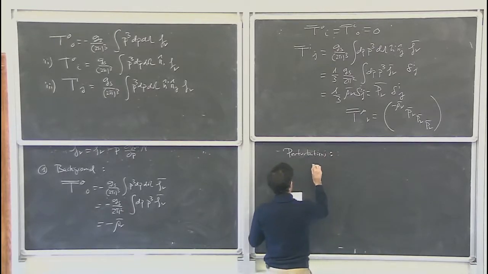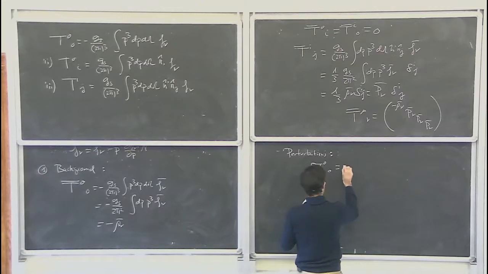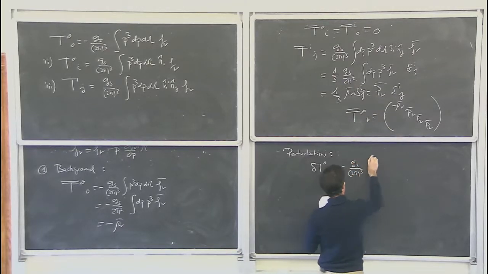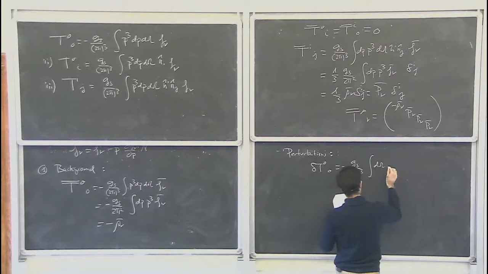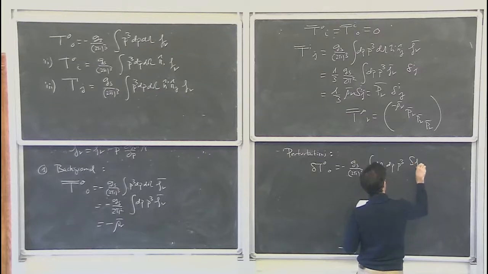So we have the following. The perturbation to the energy momentum tensor then is minus the spin degeneracy, g s, over 2 pi cubed, integral dp p cubed times delta f nu, okay?